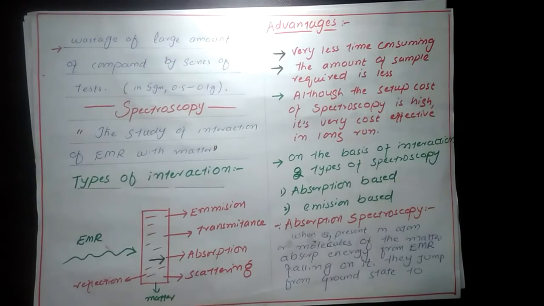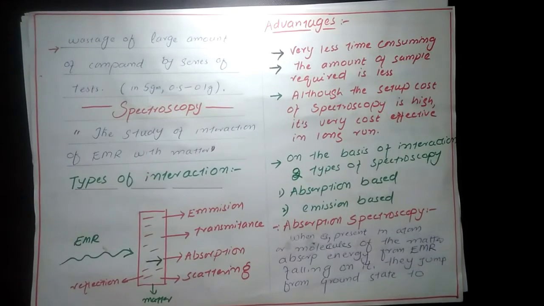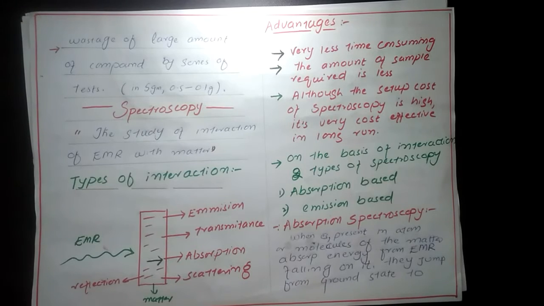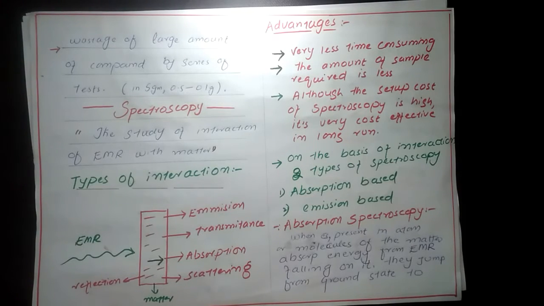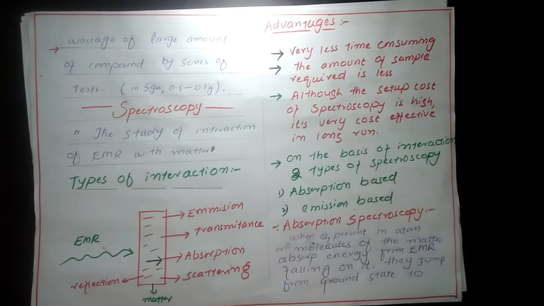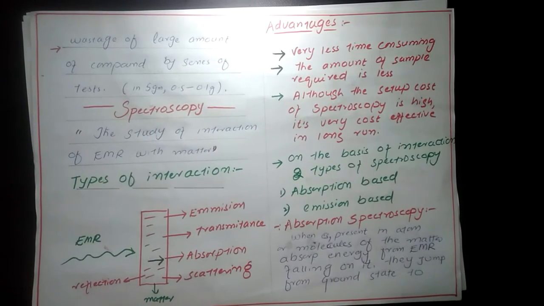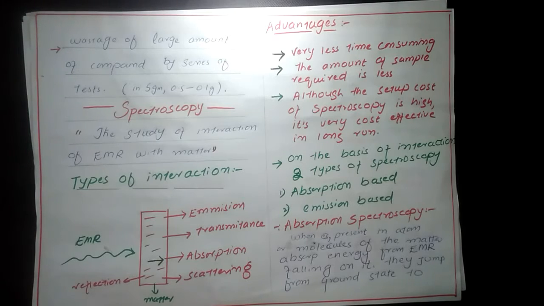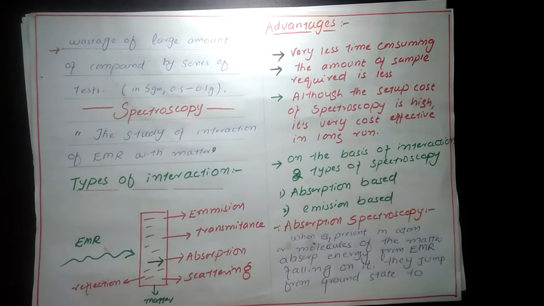Also, not much of the compound was wasted, as it used to be in the classical methods. So due to these reasons, the classical methods are no longer used, and now spectroscopy is used, right?